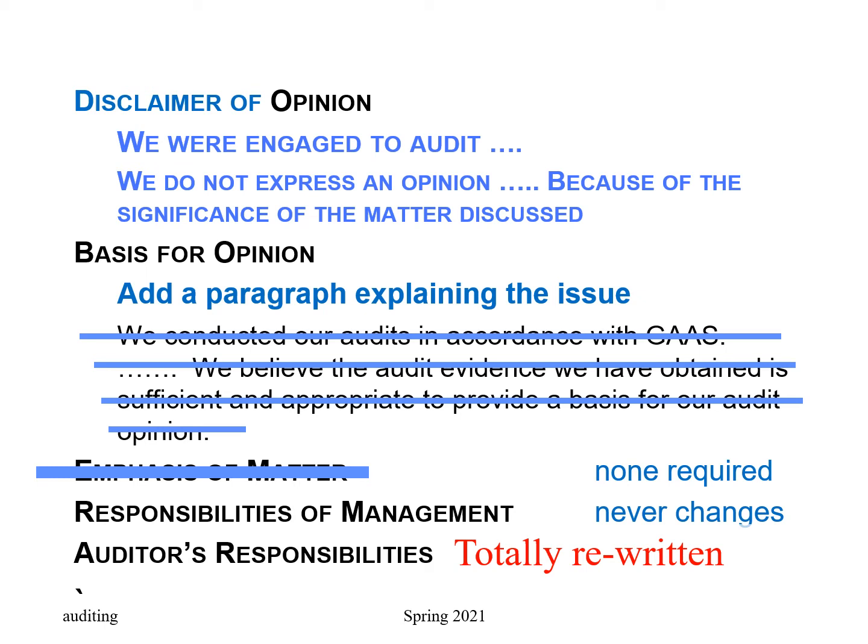In the basis for opinion paragraph, we're going to add a paragraph or whatever is needed to explain the issue. We didn't conduct an audit in accordance with generally accepted auditing standards, so we'll scratch that out. There's no need for an emphasis of matter paragraph. Responsibilities of management never changes. The auditor's responsibilities section will be totally rewritten.